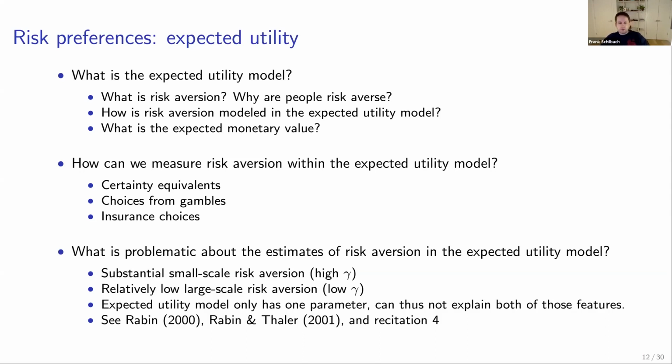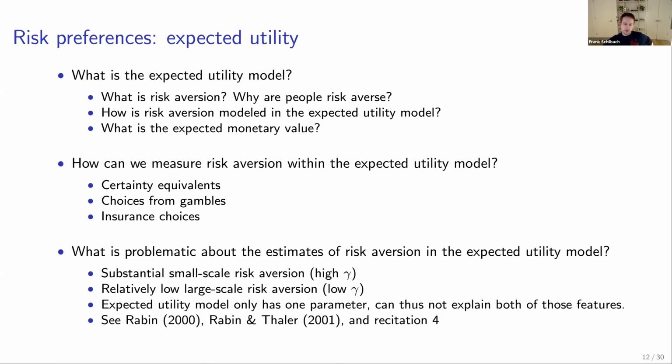In particular, we discussed evidence that found there tends to be substantial small-scale risk aversion. So when you give people small gambles, they tend to be quite risk averse, so they have a quite high gamma. But we know also from large-scale choices that the risk aversion cannot actually be that high.